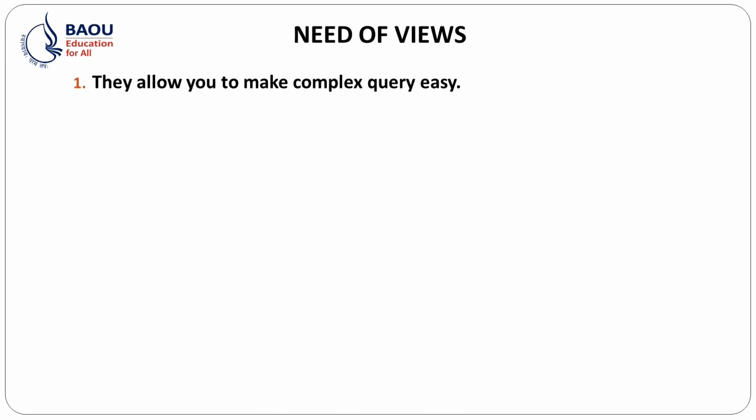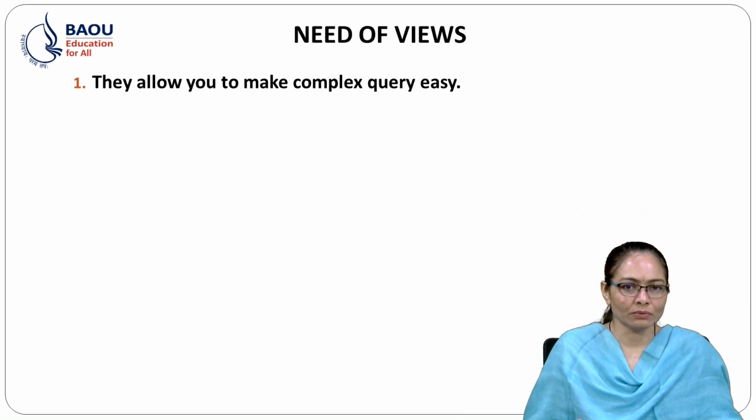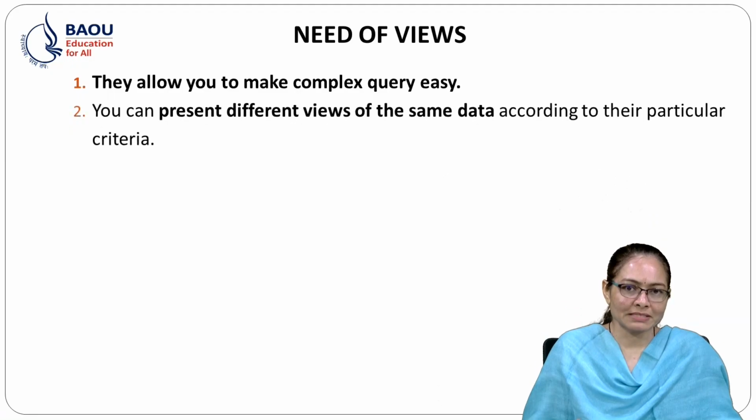Now, what is the need of views? They allow you to make complex queries easy. We can easily make the query using a view. You can present different views of the same data according to particular conditions. Using views, we can have different views of the same table data.